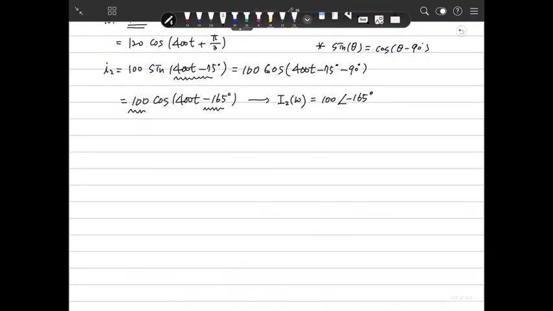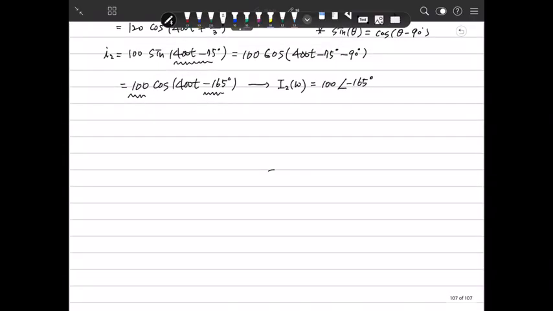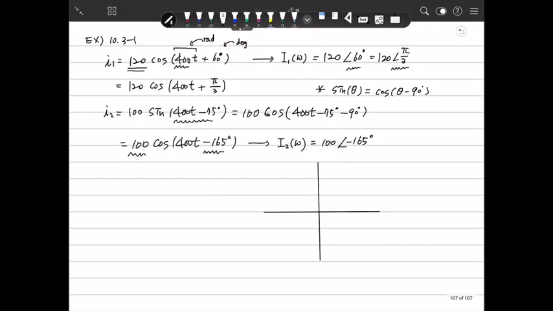If we express I1 and I2, then I1 is the value here.